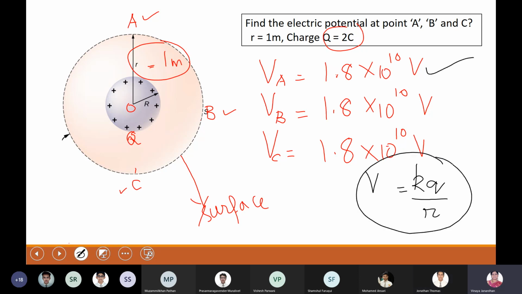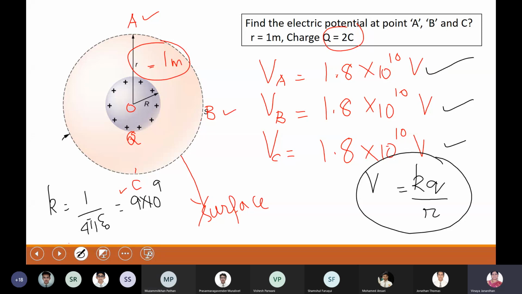So now you find what is VA, what is VB, what is VC. K is equal to 1 by 4 pi epsilon naught, so that works out to be 9 into 10 to the power of 9. You just tell me what will be its SI unit.